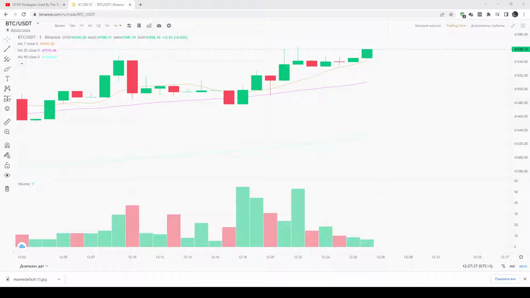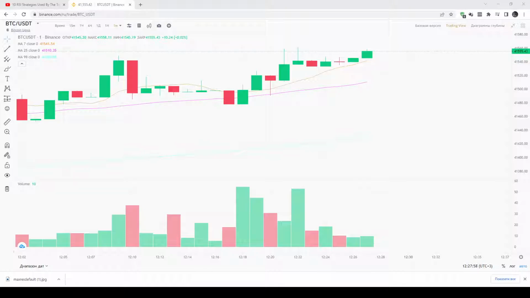In an uptrend, there is a hidden divergence when the market is making higher lows, but the RSI indicator is making lower lows. And in the downtrend, there is a hidden divergence when a market is making lower highs, but the RSI indicator is making higher highs.